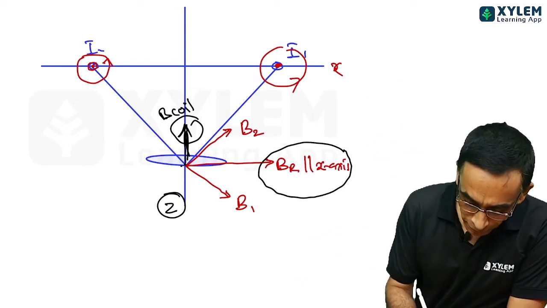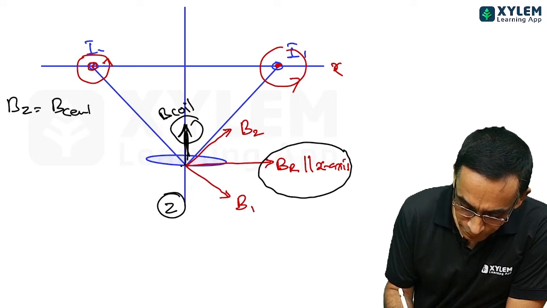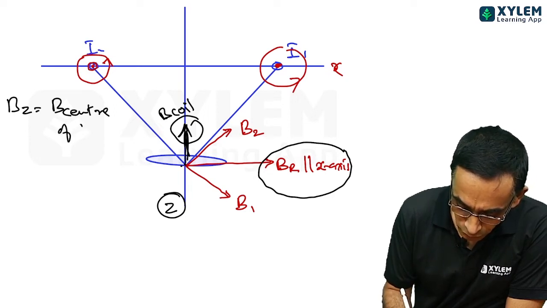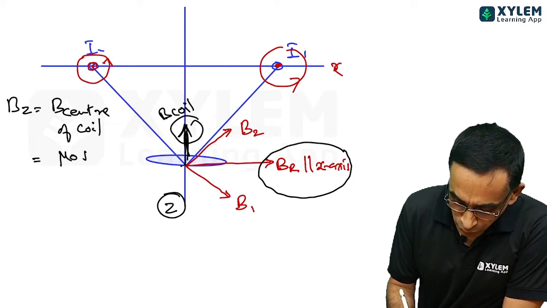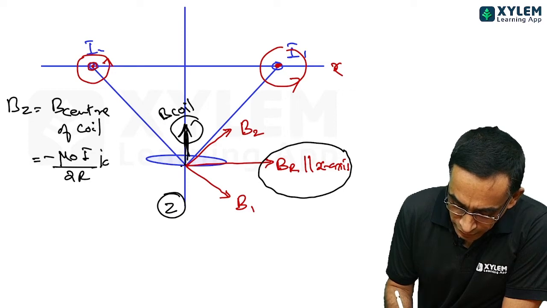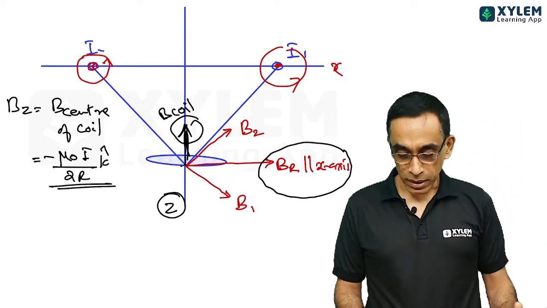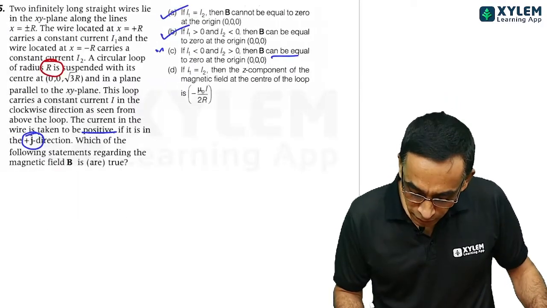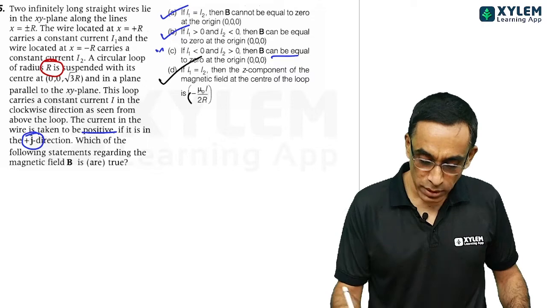So we can say Bz equal to B at the center of the coil, and that is nothing but mu 0 I divided by 2r in the negative z direction. Mu 0 I by 2r k ആയിരിക്കും അതിൻ്റെ ആൻസർ. So that is given, minus mu 0 I by 2r. Minus means negative direction. So this option is correct.